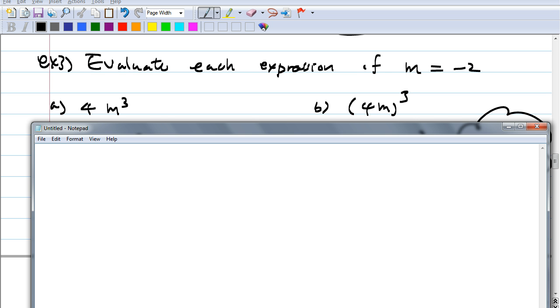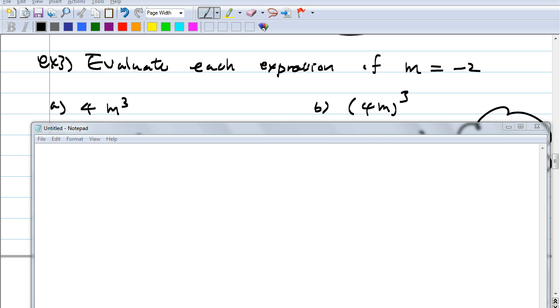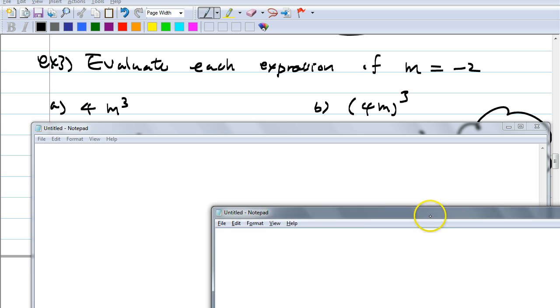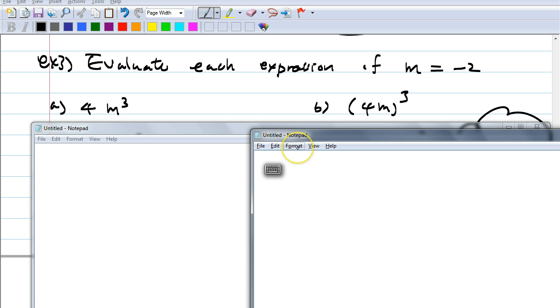For the first expression, it'll be what? That's right. And when you do that, what do you get? There you go.